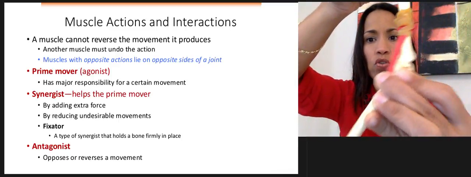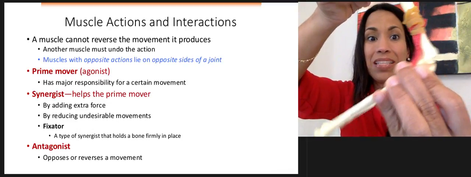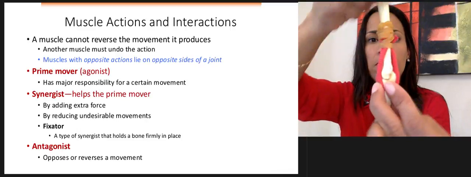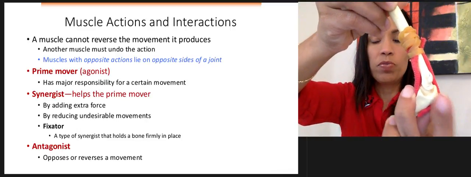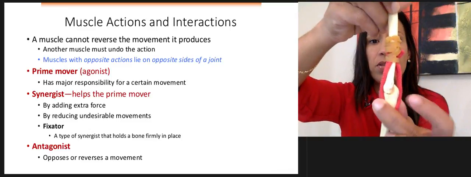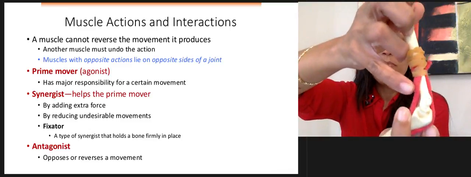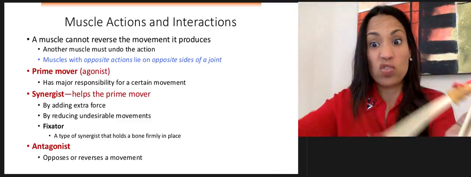So it needs to shorten in order to lift the ulna. But at the same time that muscle is shortening, we need to stretch the posterior muscle. Let's say that's the triceps, one of the heads of the triceps. So at the same moment the prime mover is contracting, this one is stretching.